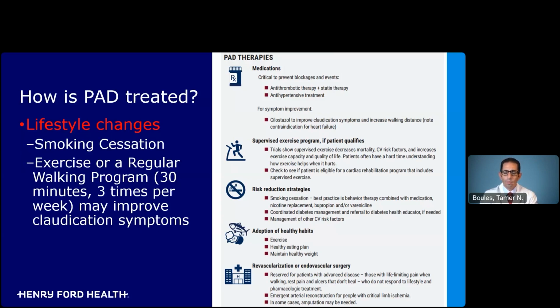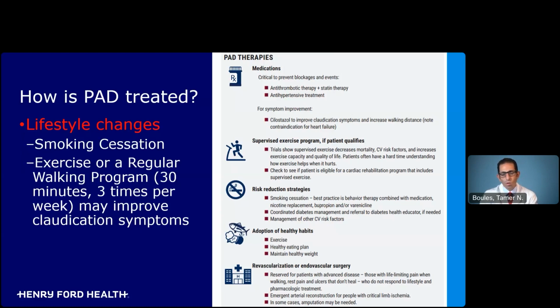Similarly, cholesterol medications such as the statins are very helpful in slowing the progression of peripheral arterial disease and reducing the risks of those other, as we call them altogether, cardiovascular events in the brain, the heart, and the legs when peripheral arterial disease progresses. So statins are very important if available to you.